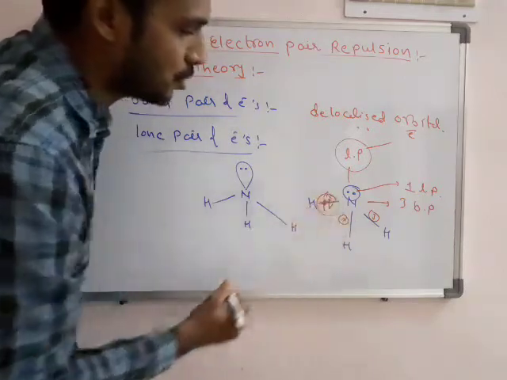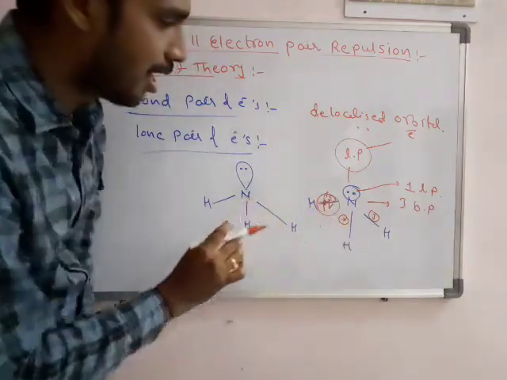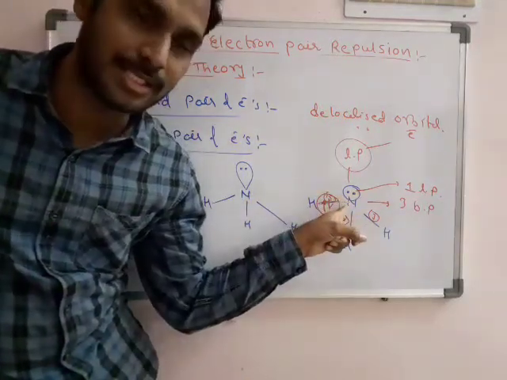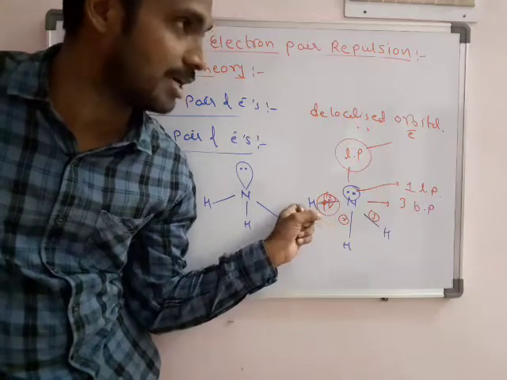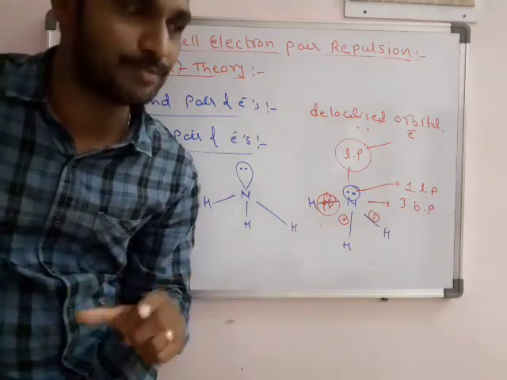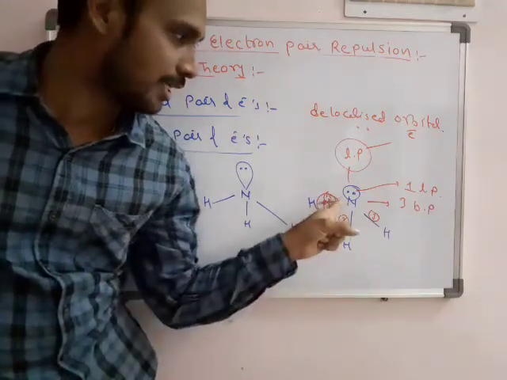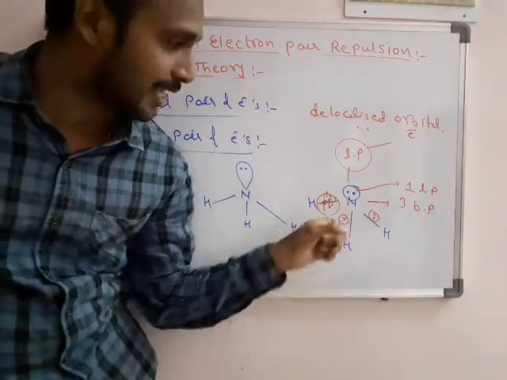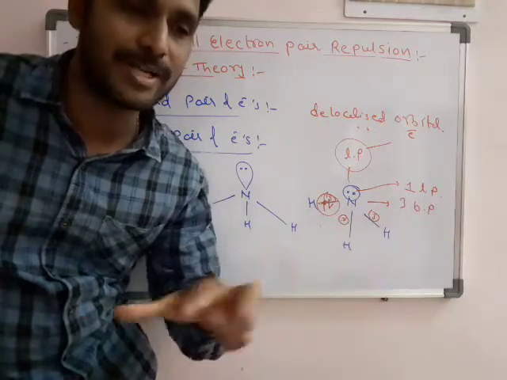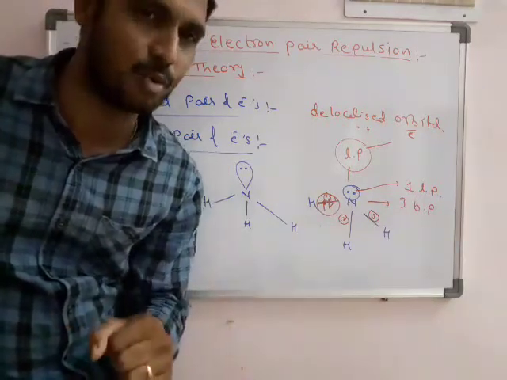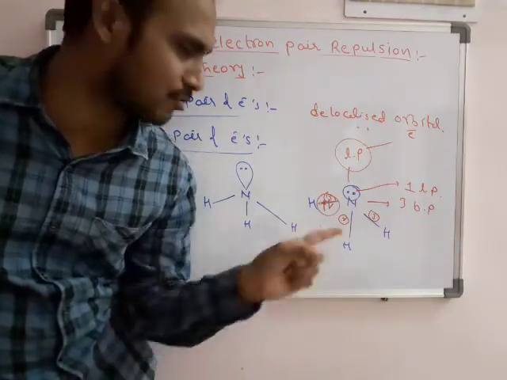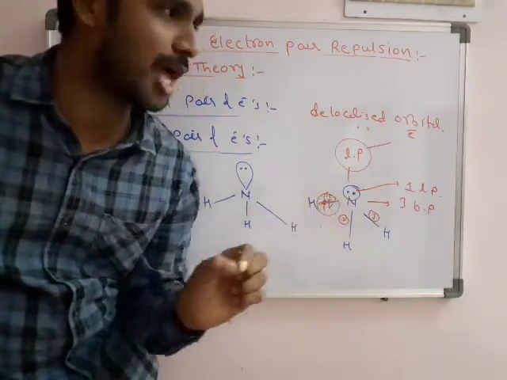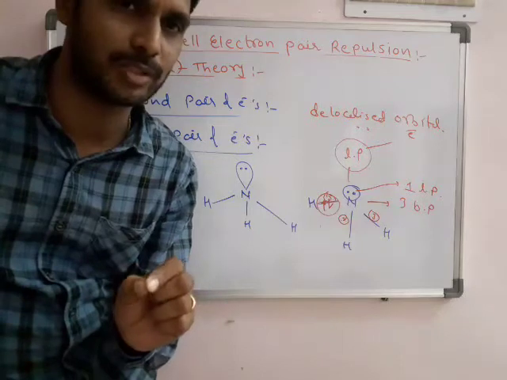These two bonded electrons are under the attraction of the nitrogen nucleus and the hydrogen nucleus. That's why the bond pair's movement is very little, so they occupy very little space.